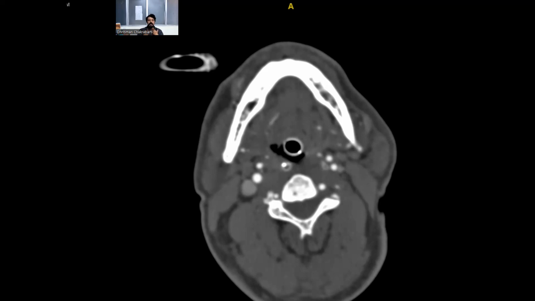Then they will go posteriorly, and then they will enter the foramen transversarium of the cervical vertebra. The part before entering the foramen is known as the V1 or the preforaminal part.